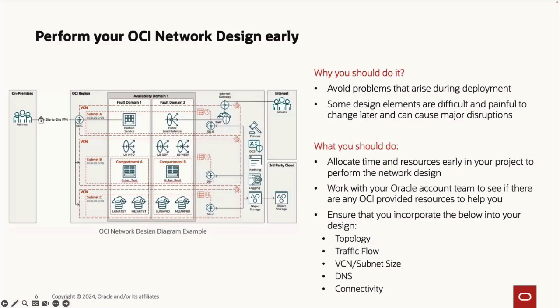One often overlooked thing is DNS. Make sure you put some thought into DNS, if you require name resolution and how you're going to do it. You're going to leverage OCI's private DNS services and do a hybrid DNS. And then connectivity is the other thing to think about in your design. How are you going to connect to this environment?